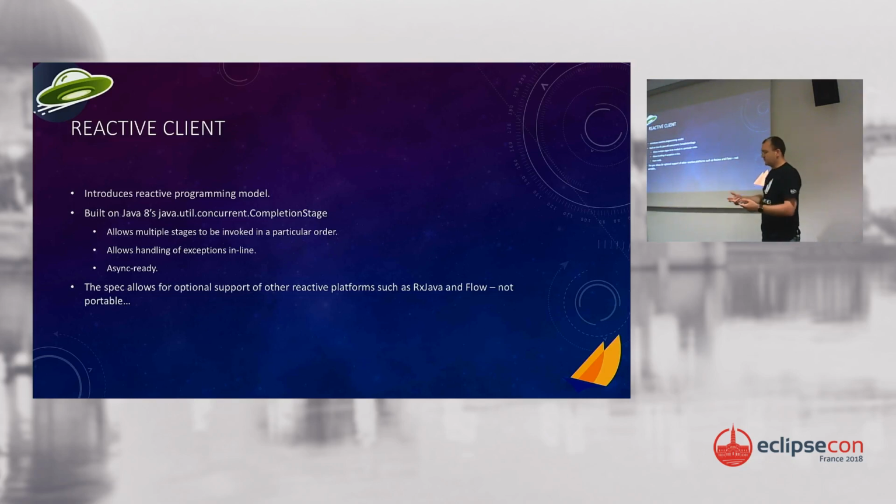It handles exceptions inline, and it's async ready. It makes writing code a lot smoother. And what I think it does a really good job of is paving the way for future implementations. We won't talk too much about RxJava and Flow, but these are the things that you can plug in to the reactive client.